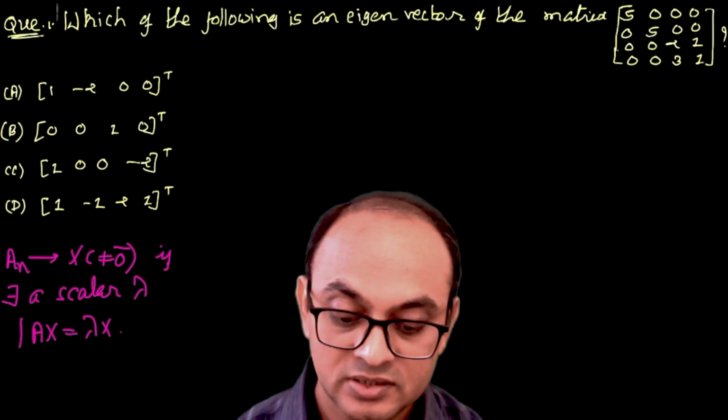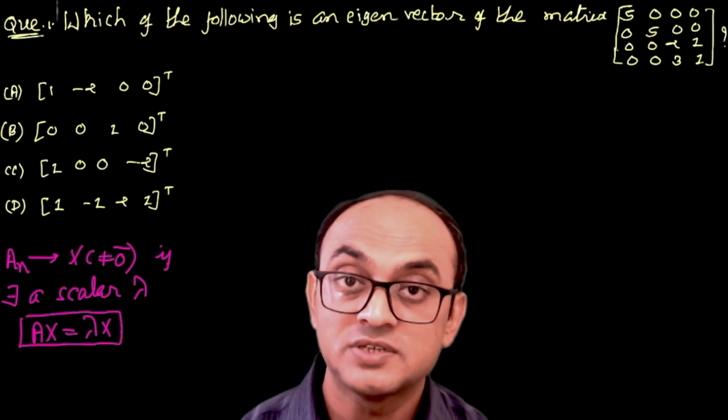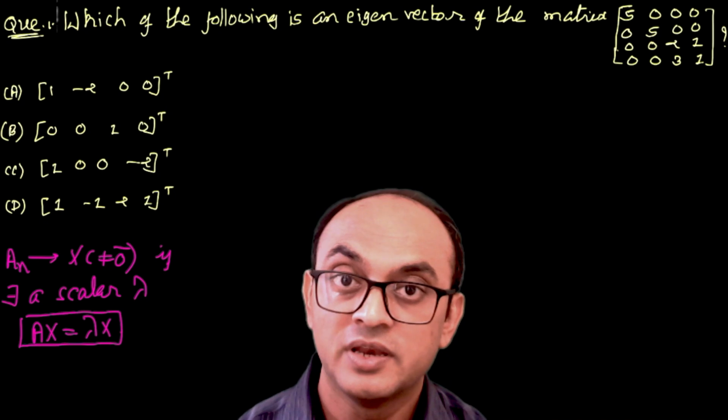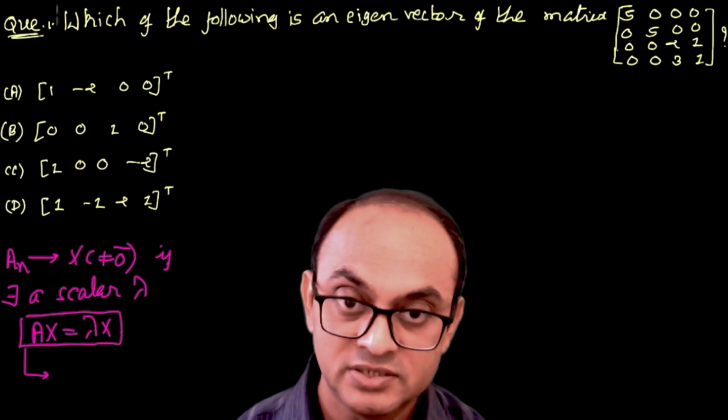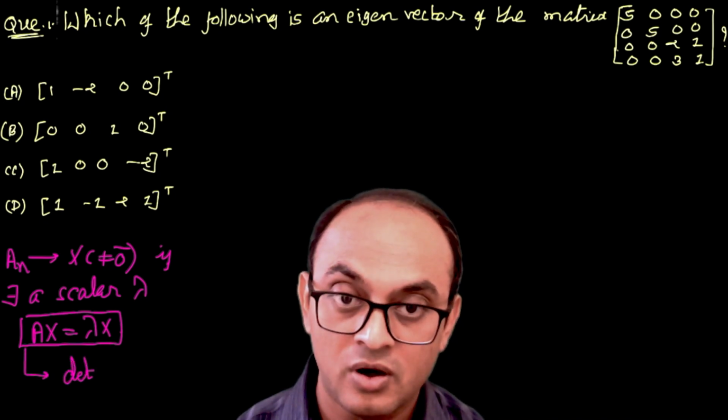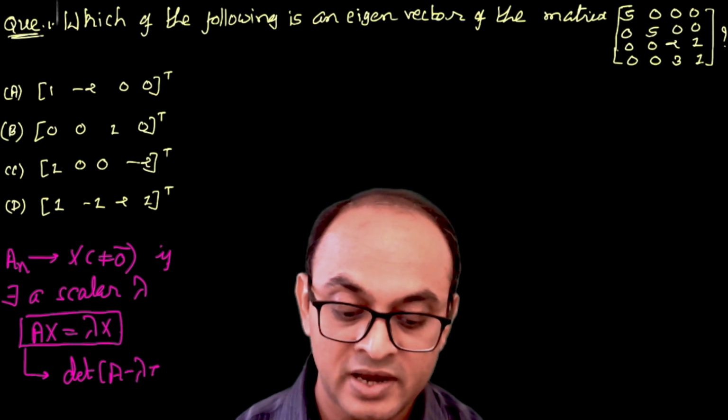This is the first equation, and it leads to the determinant of A minus lambda I being equal to 0.